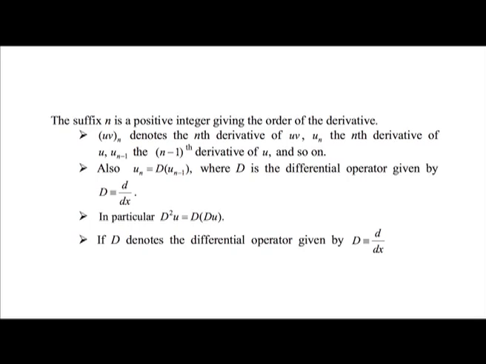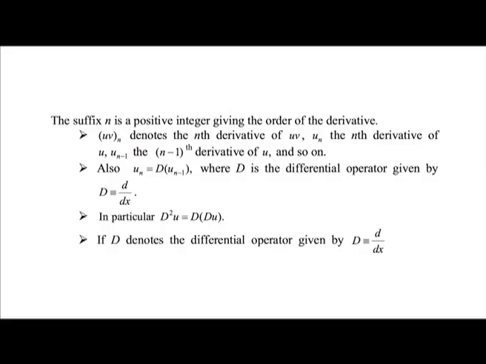In particular, uvn denotes the nth derivative of uv, un the nth derivative of u, and so on, where dn equal to d of dn minus 1, where d is the differential operator given by capital D equal to d by dx. In particular, d square u equal to d of du.